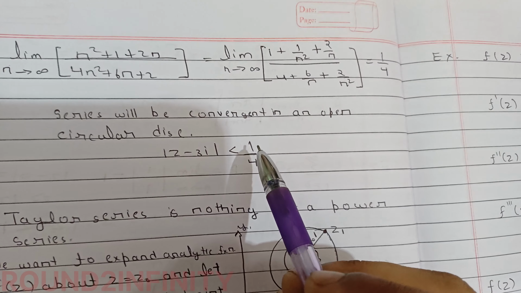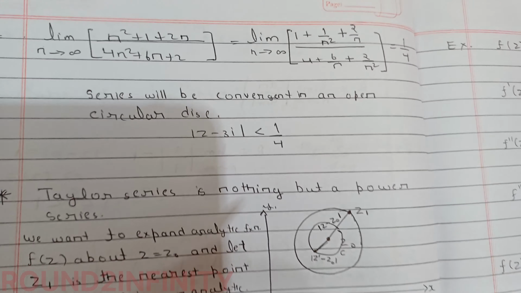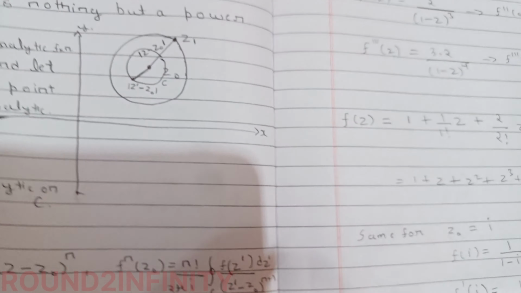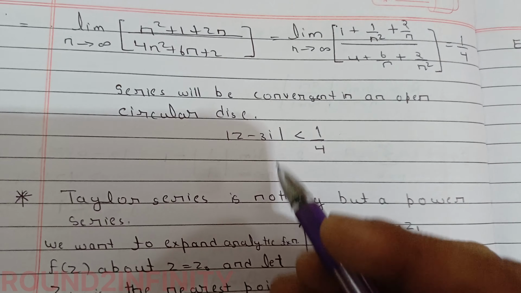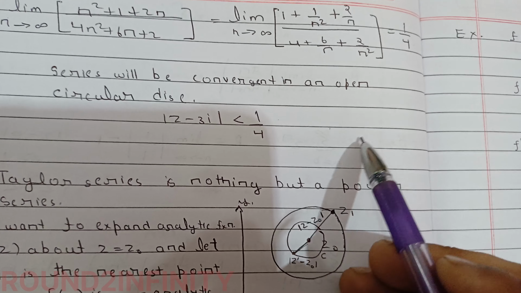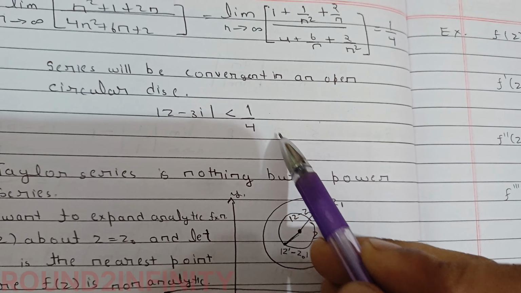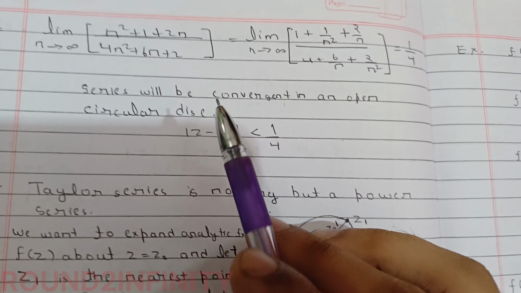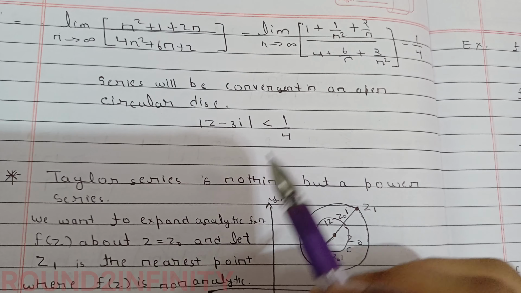So the disk is where it is less than 1 upon 4, that radius, and the center is z minus 3i. From here you can check the center is 3 iota. So center will be at 0, 3, the y-axis, and radius is 1 upon 4. So you will get a circle. So that is the region where this series is convergent. Because you have the radius, that's how you can find it.